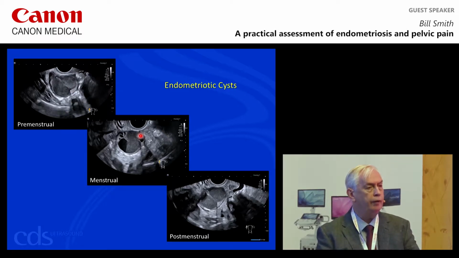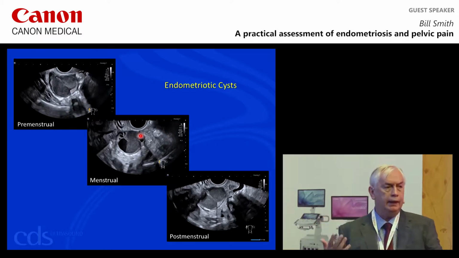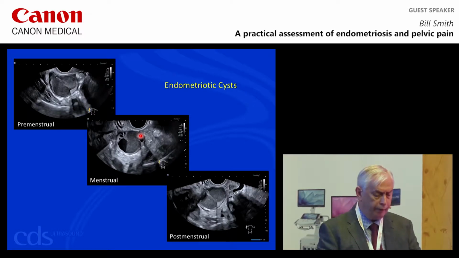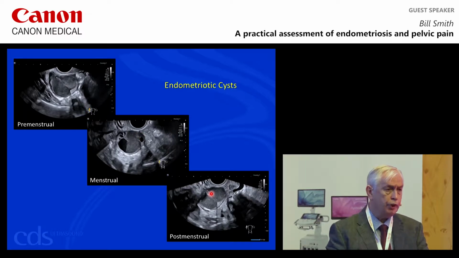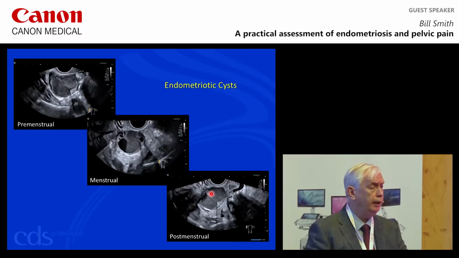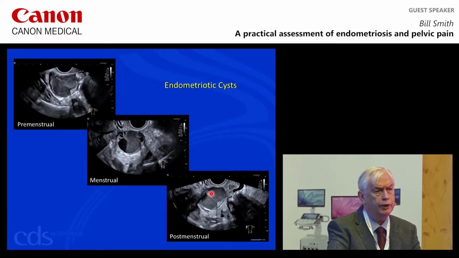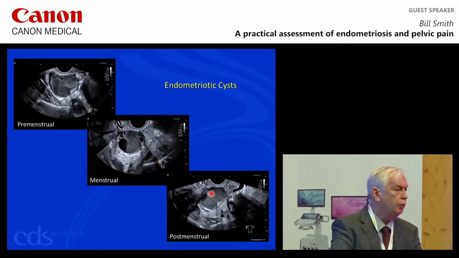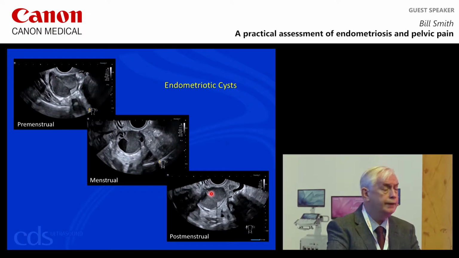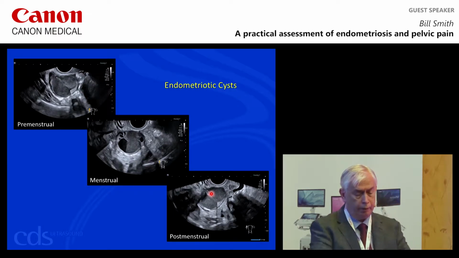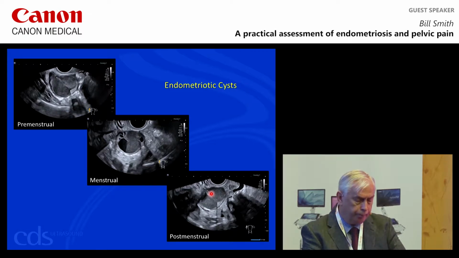As we come up to a period, we expect to see bleeding into the cyst around the period, and those changes resolve as we go into the early mid-follicular phase. So if we're unsure of what the lesion is, is it a hemorrhagic corpus luteum? Is it an endometriotic cyst? Color Doppler is very, very useful, and certainly follow-up examination is extremely valuable.